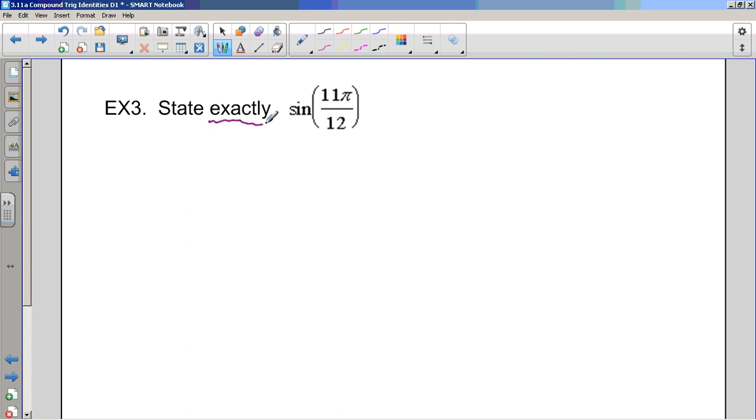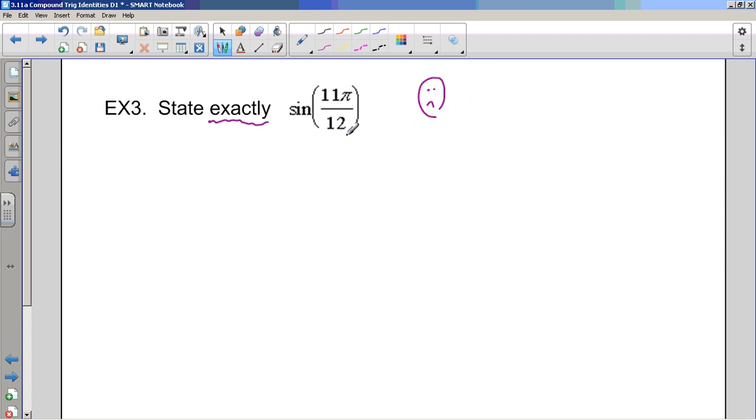So probably at some point we're going to need our exact angle chart, right? The pi over 6s, the pi over 3s, the pi over 4s, that chart. But we don't have any pi over 12s, so we're a little bit worried about this. We're going to need to use one of the compound angle formulas, right?